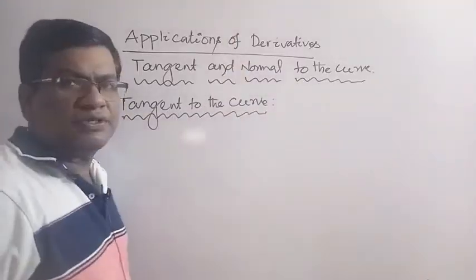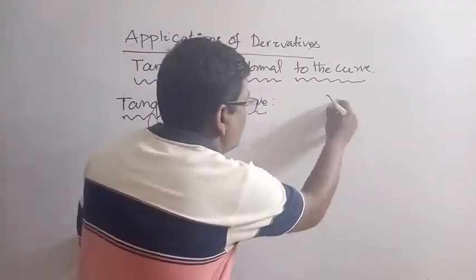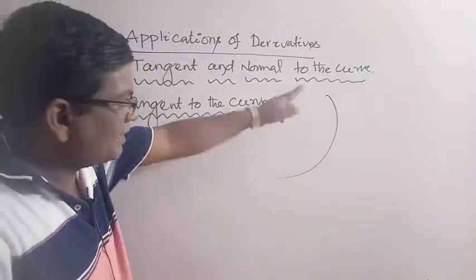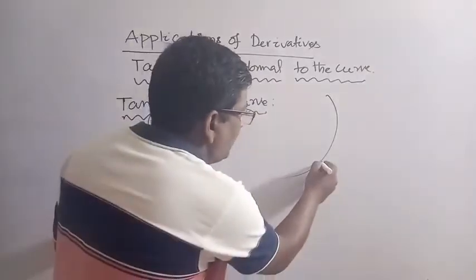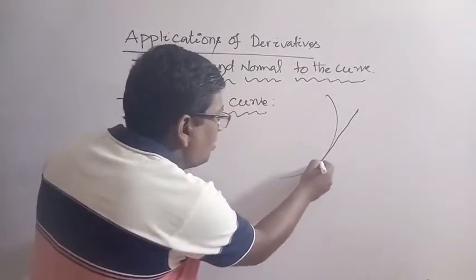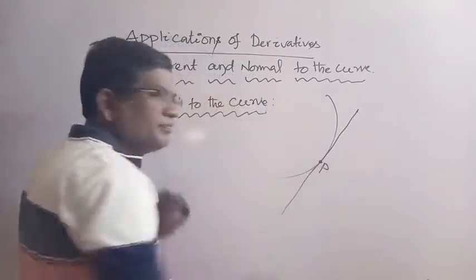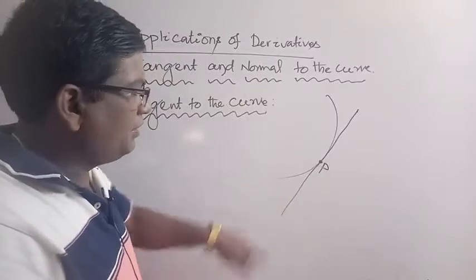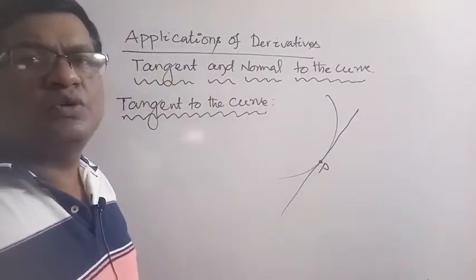Suppose this is a curve. If a line touches the curve at a single point, suppose this is point P, then it is called a tangent to the curve.